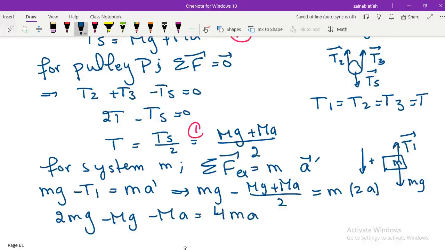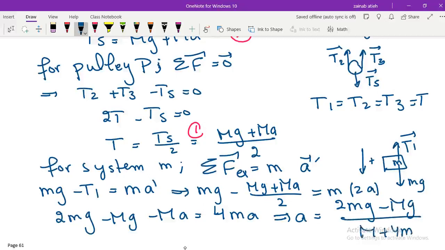I will arrange a to one side وبقسم بيطلع معي بالآخر. I will write it directly. a is equal to 2mg minus mg over m plus 4m. This is the final answer. My numbers I can substitute for them. If I don't have numbers, I will keep it like this.